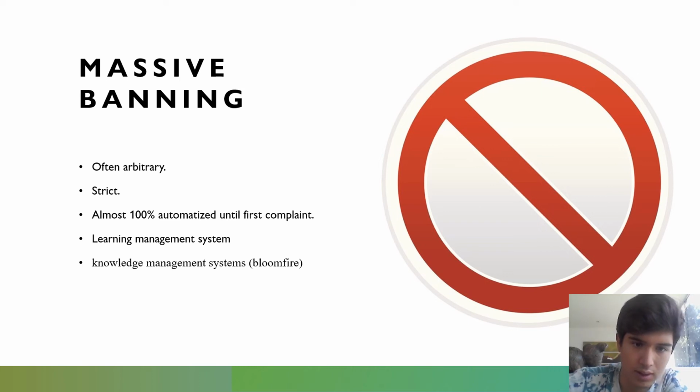So there should be a learning management system. It could be very specialized and help you learn about e-commerce. That's a proposal, and also a knowledge management system like Bloomfire that could help inside teams to work better.